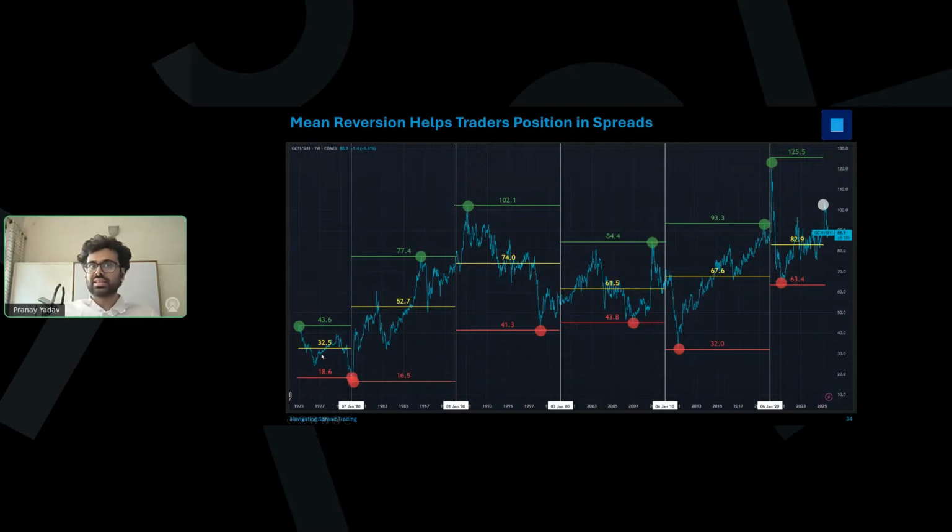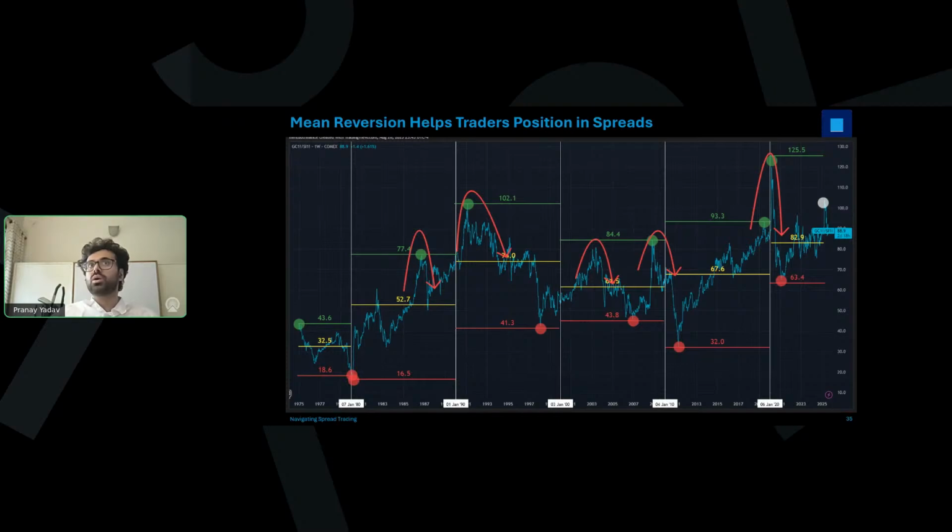So the first decade is 70s to 80s, 80s to 90s, 90s to 2000s, so on, right? What I've also added are the highs and the lows. The green lines are the highs and the red lines are the lows for the gold silver ratios during that decade, alongside the mean, which is the yellow line in this case.